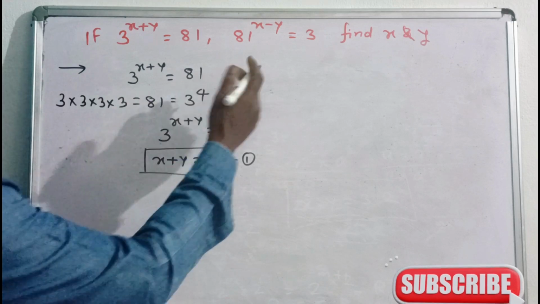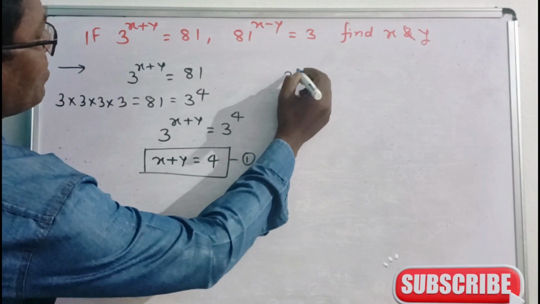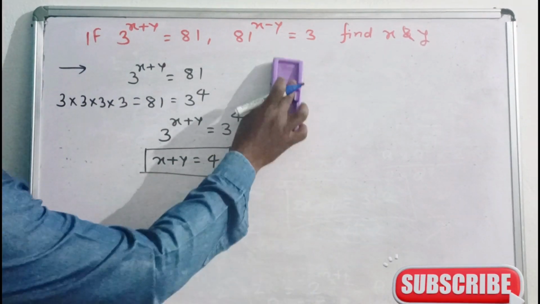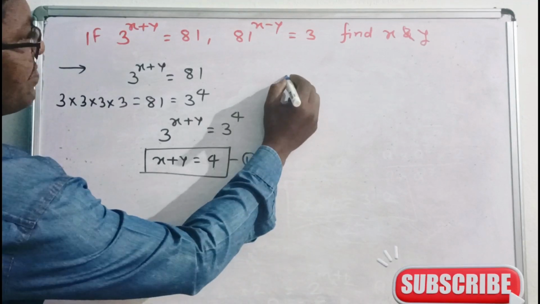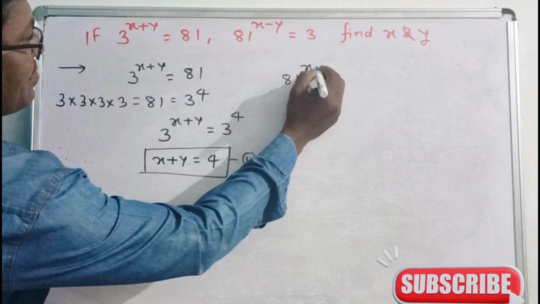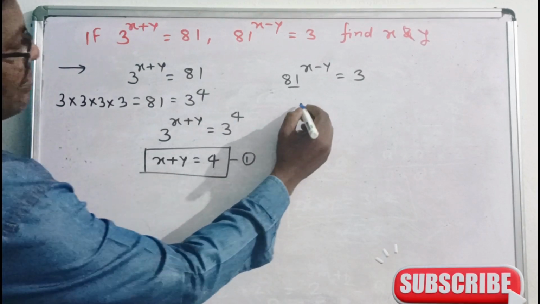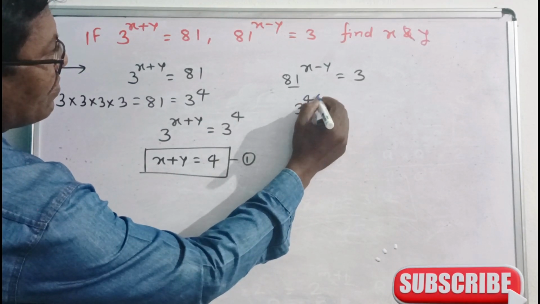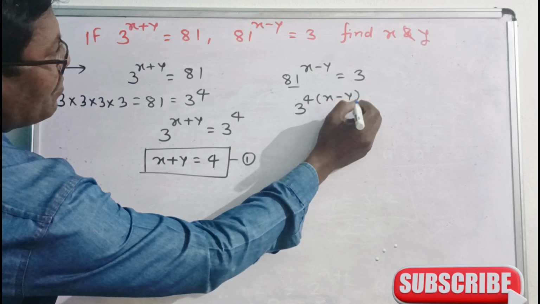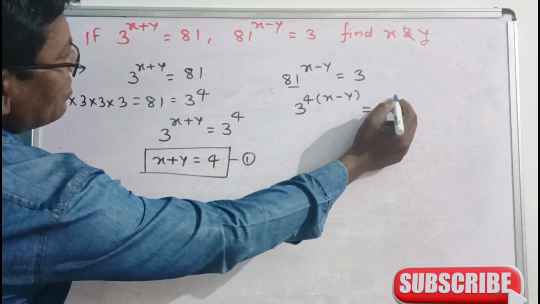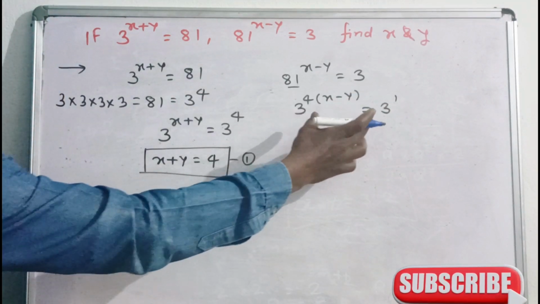Now take the second equation, 3 raised to the power 81 x minus y is equal to 3. What is 81? 3 raised to the power 4 x minus y is equal to 3 raised to the power 1. Again base is the same.